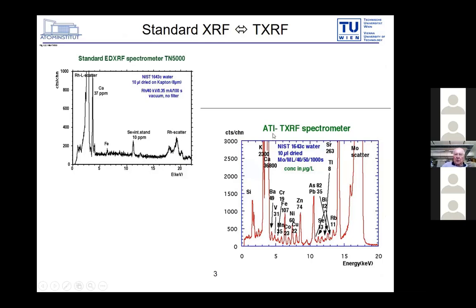If you look at the TXRF measurement with the same sample, you see the background is very, very low, and you see all these elements which are in the ppb range or microgram per liter range, and the quantification is also given, and these numbers are the ppb levels from this standard, which is a certified reference material, this 1643C water. So why does it happen?